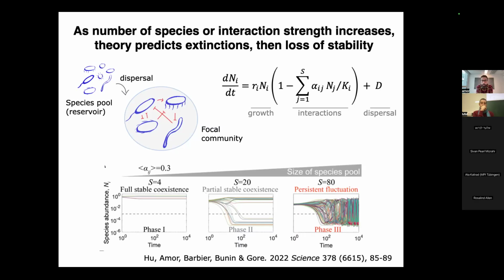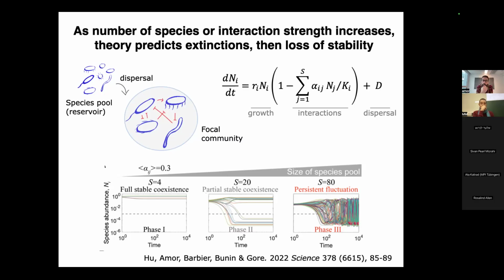And what we knew from the theory is that if we start a community with a low number of species, and we sample the interactions between the species from a given distribution with a given average, here we have this average of 0.3.